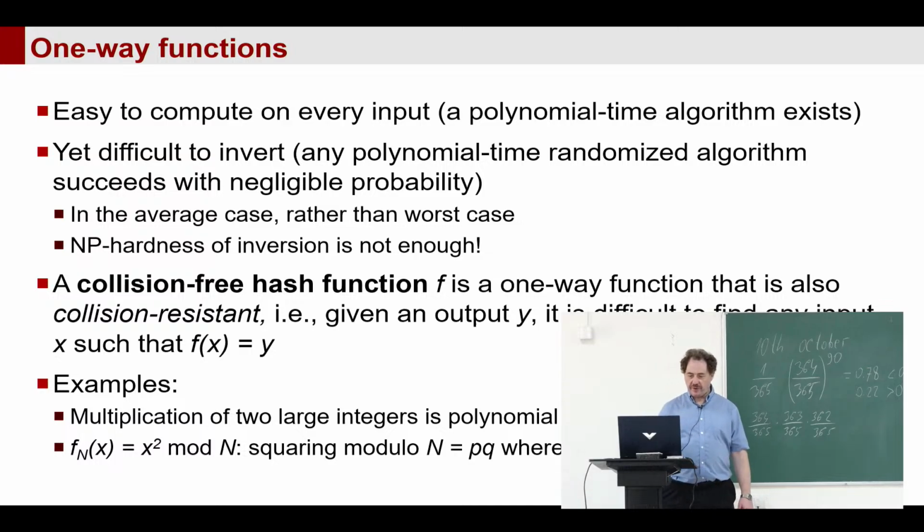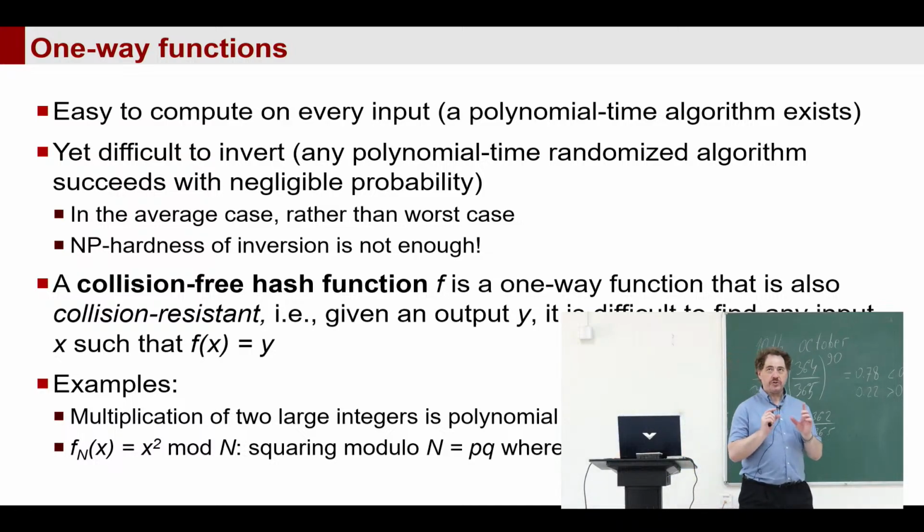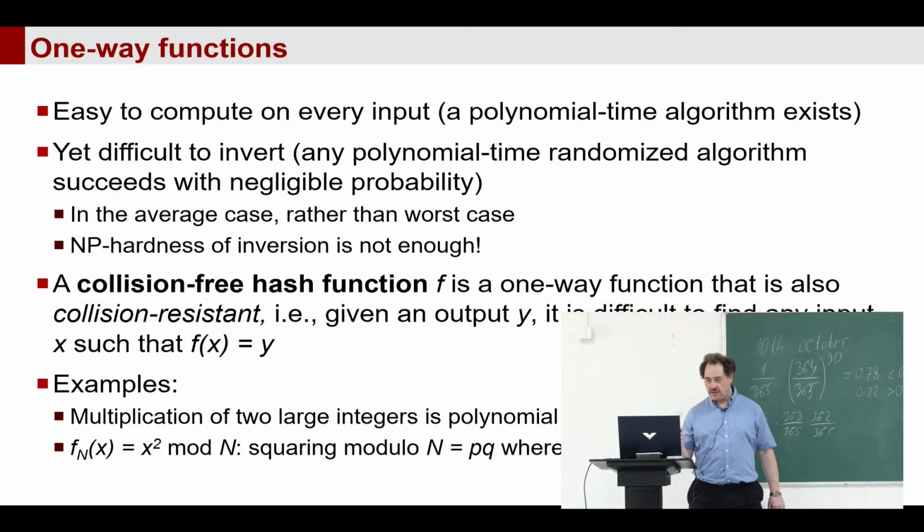Some examples of one-way functions which are used in cryptography and in particular in zero-knowledge proof systems. First example, multiplication of two large numbers. Given two large numbers, it's easy to calculate their product. And by easy, I mean it's polynomial in the number of bits representing each of these two numbers.